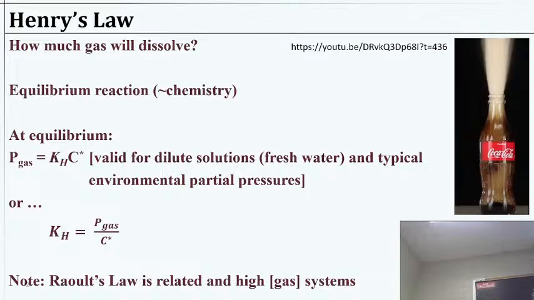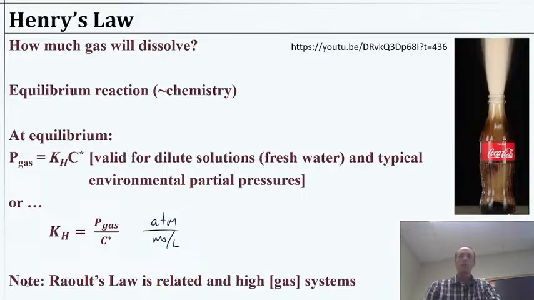Maybe you didn't want pressure units, maybe you wanted concentration units for your gas. So you could do a few different things. This will be our most common one, and I plan on pretty much using it: a Henry's law constant that would look something like this, right? Atmospheres per mole per liter, okay?